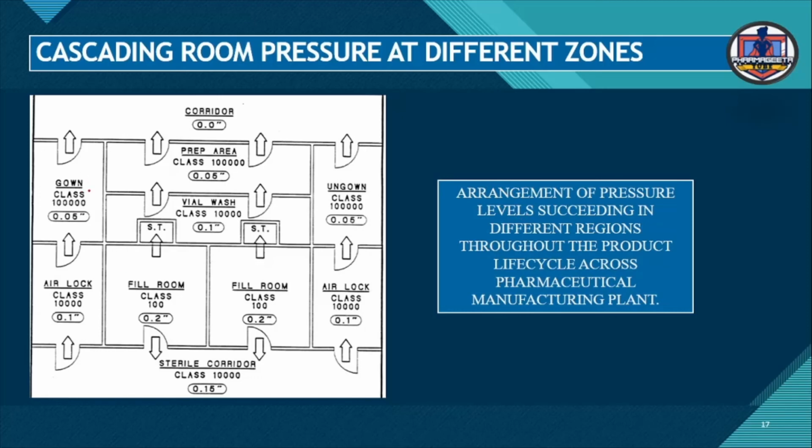Here you can see class 1 million, and this is class 10,000, where vials are washed before filling. This is where preparation of the formulation takes place. This is the corridor, where pressure is very much less. As I said earlier, the filling room has the maximum pressure and the class number remains minimum because it is of the highest grade.